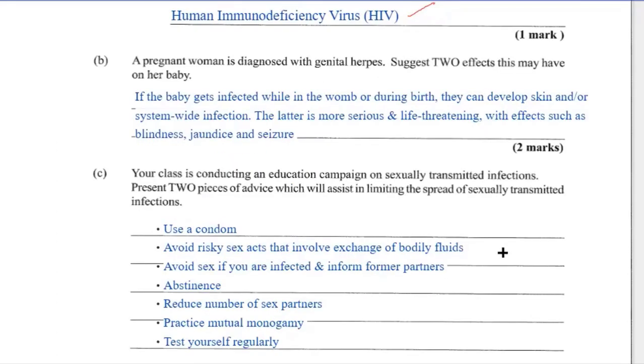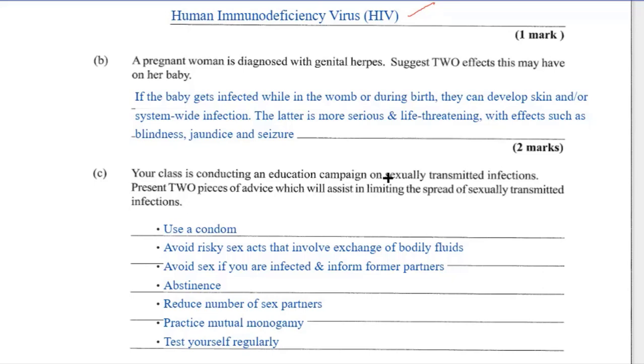So here we have a pregnant woman diagnosed with genital herpes, and two effects this may have on the baby. Now note the chance of a baby getting infected is actually kind of small, except under very specific conditions. But if the baby does get infected, there are some major issues.